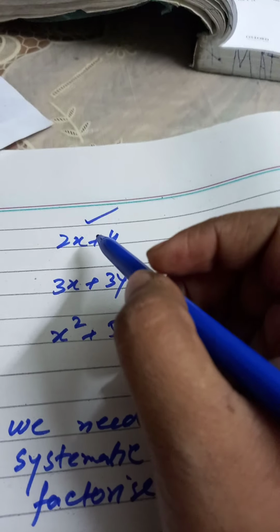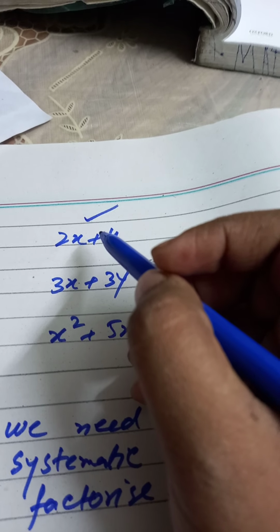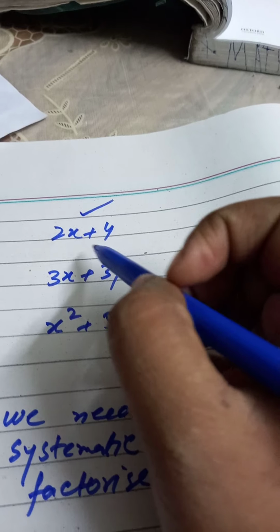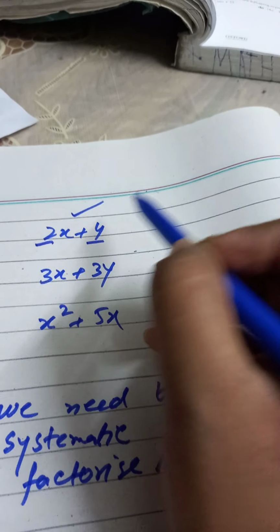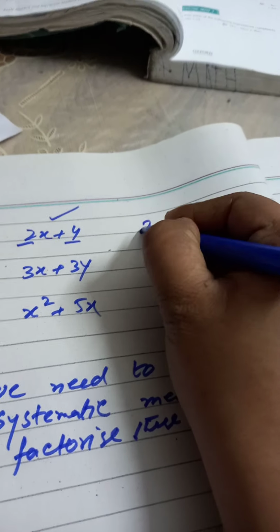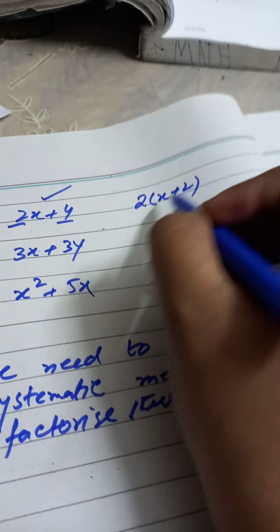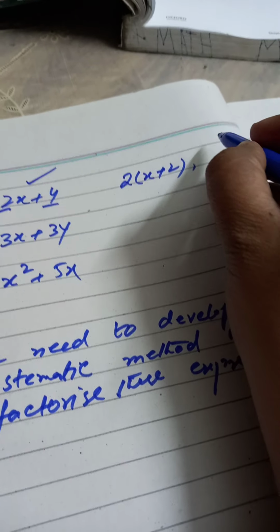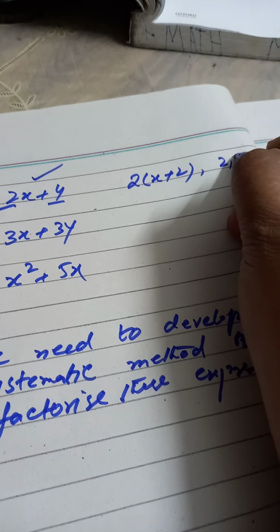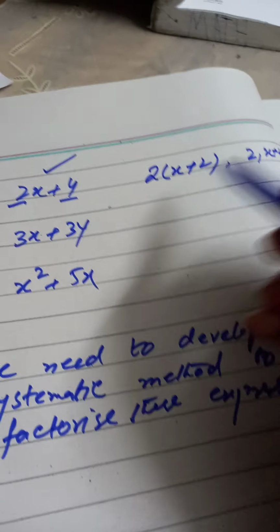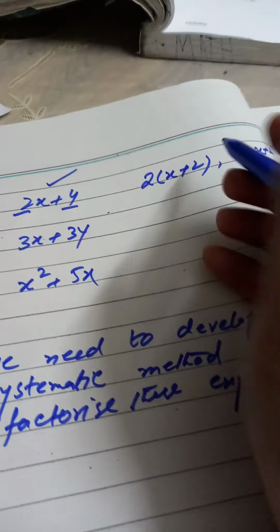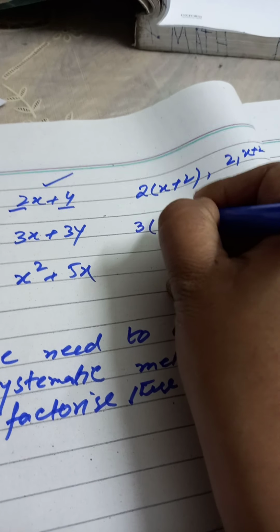We will check which is the highest common factor. Here it is 2. We write 2 outside: 2 into x plus 2. So we have the two factors 2 and x plus 2 of this expression. Here 3 comes out: 3 into x plus y.